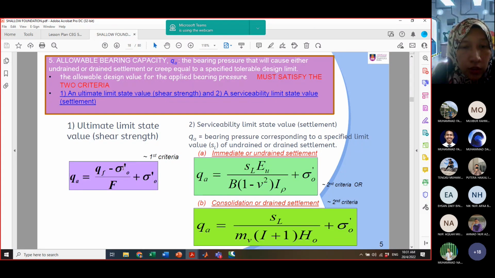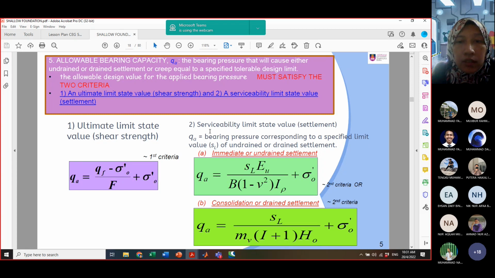The effective overburden pressure depends on the intensity of the pressure of the footing, whether you have the effect of the groundwater table or not. I mean, is the footing influenced by the groundwater table effect? So you have to check how to calculate the effective overburden pressure.